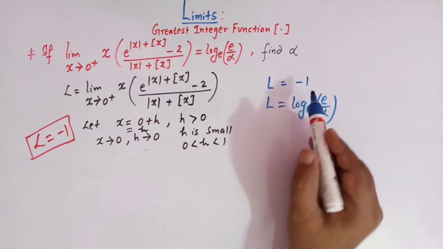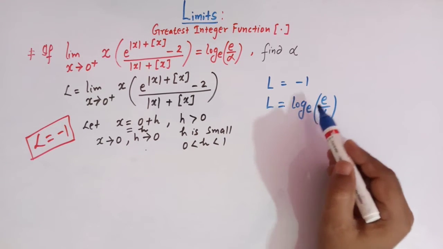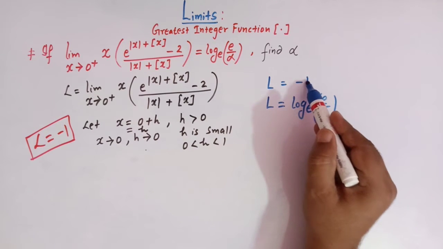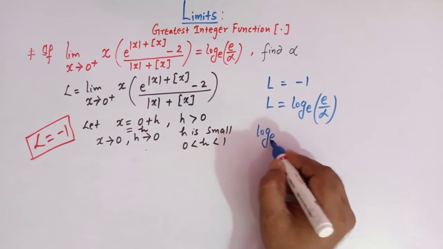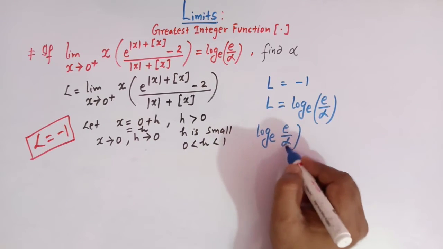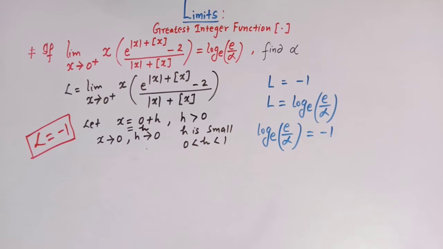So log of e over alpha to the base e can be equated to minus 1. So we have log of e over alpha is equal to minus 1.